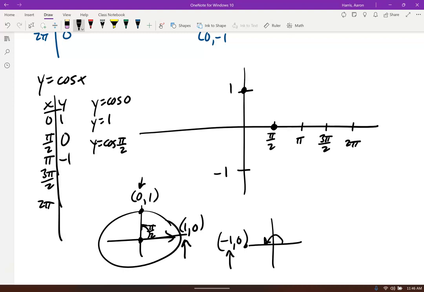So I got the point pi, comma negative 1. Now I rotate 270 degrees. I find that the cosine of 3 pi halves is 0. And then I go back all the way around and I find that the cosine of 2 pi is 1. Okay, and this shows one cycle. Now I could keep going, but I'm just going to draw this one.